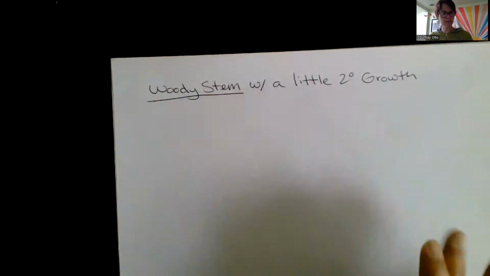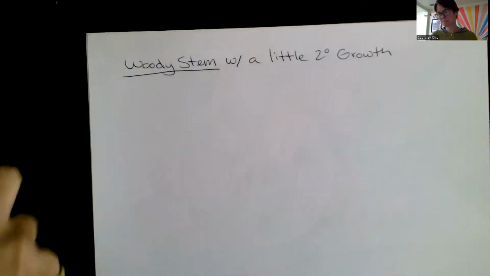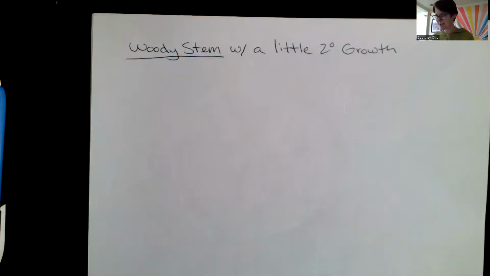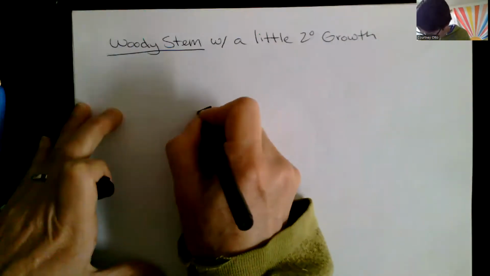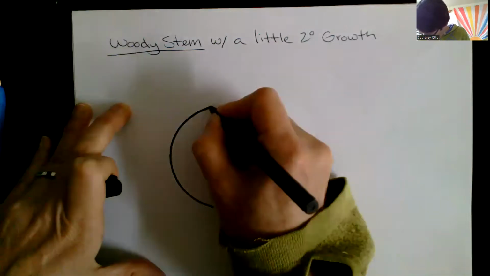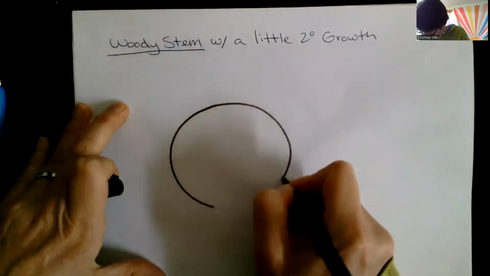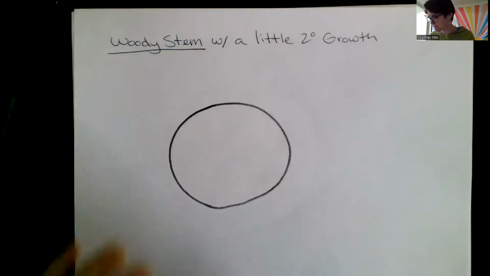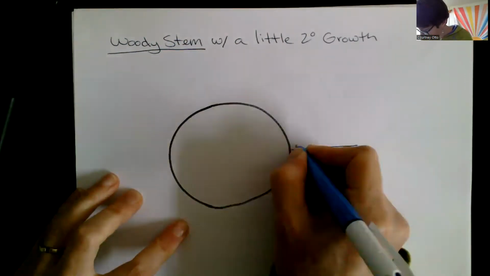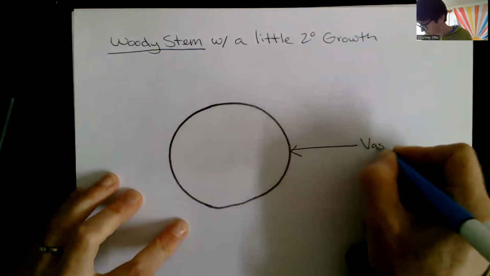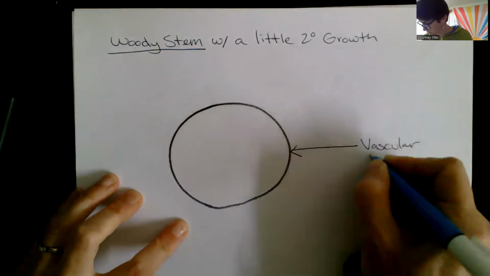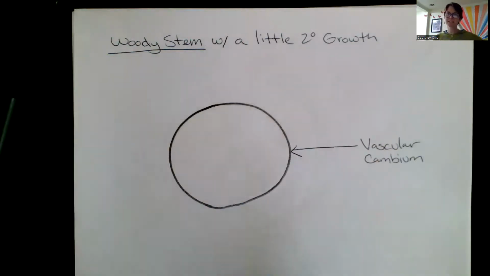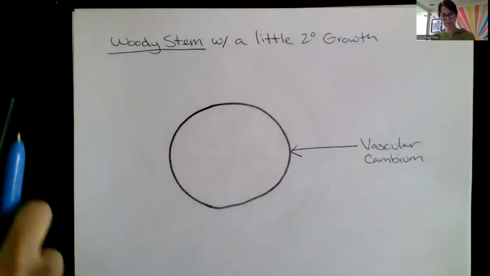And so we're seeing some secondary growth, not a crazy amount. And where I want to start this diagram or model is from the vascular cambium. All right, there's our vascular cambium. This ring of cells that's meristematic, that's dividing to the inside and the outside.